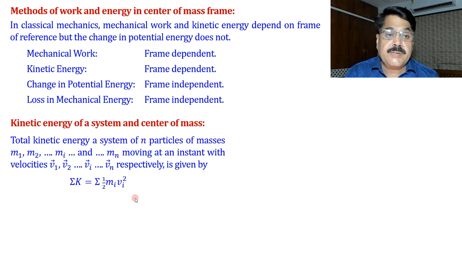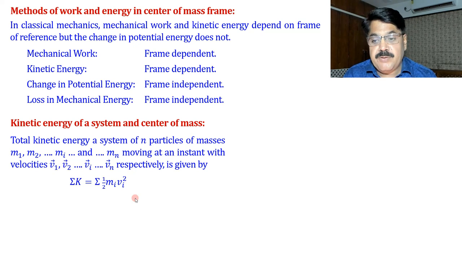Now let us try to introduce the velocity of the mass center. If we denote the velocity of the mass center by vc vector and the velocity of the ith particle with respect to the mass center by vector vi with respect to c, then we can express vi by the idea of relative motion. So vi vector will be vc plus vi with respect to c.